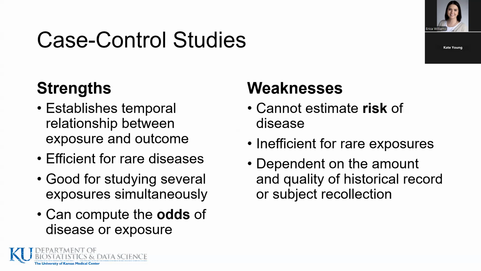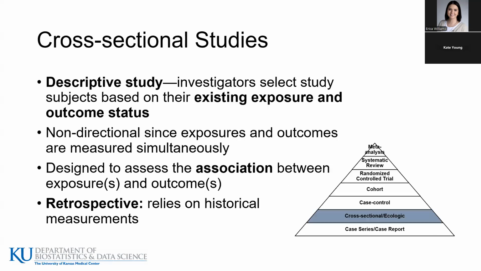The weaknesses are we can't estimate the risk, which is often easier to interpret than the odds. So that's a weakness of this study. It's inefficient for rare exposures, and it's dependent on the amount and quality of historical records or subject recollection.